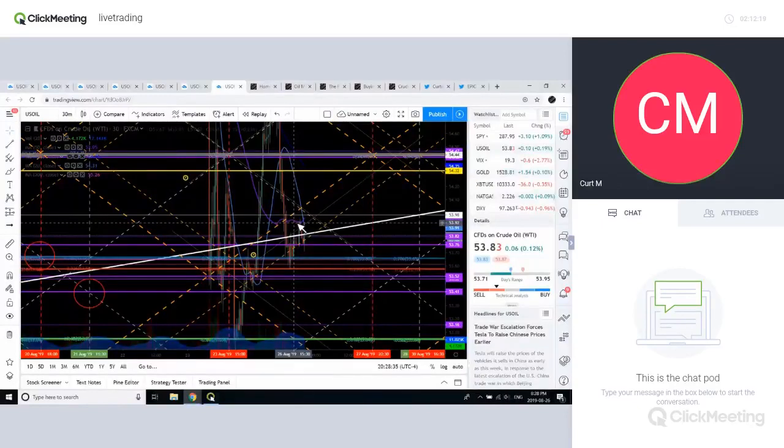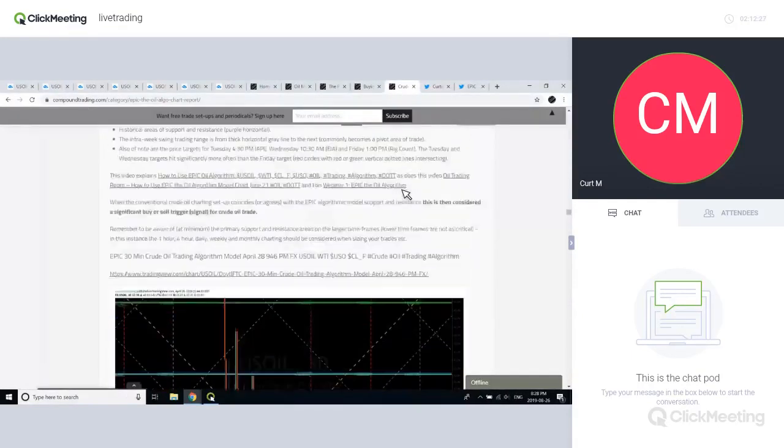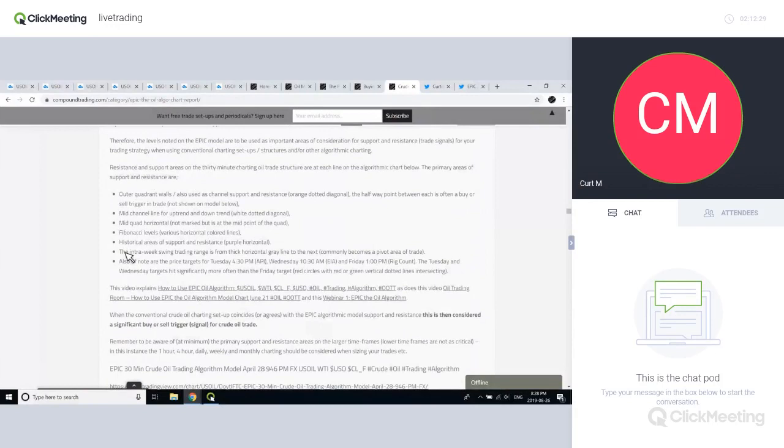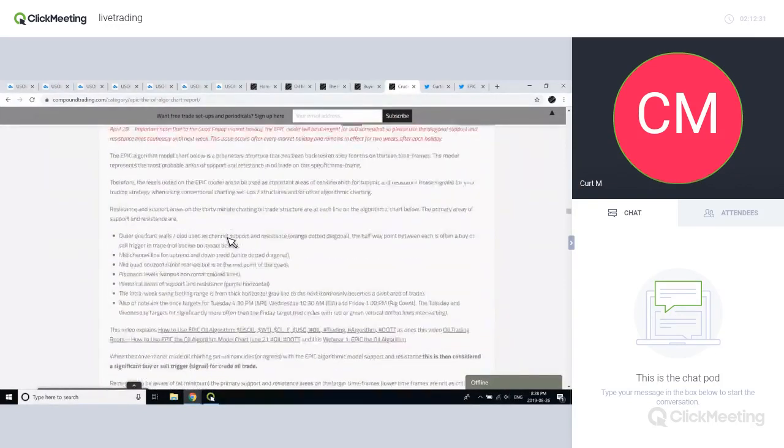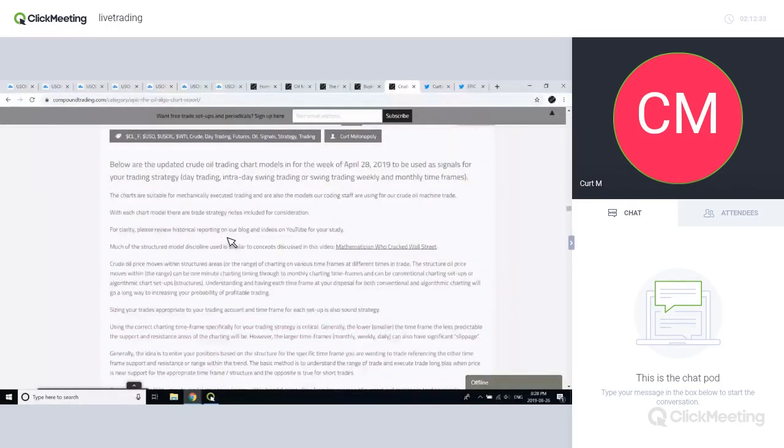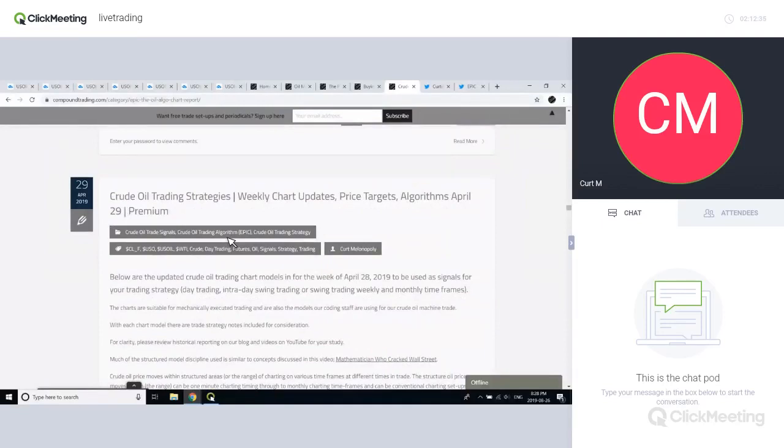Now that particular indicator or signal on that particular model, it's outlined in great detail if you use the rule set that's in the report. Cool, eh? It makes it really easy for oil traders to know where they are, how to execute.